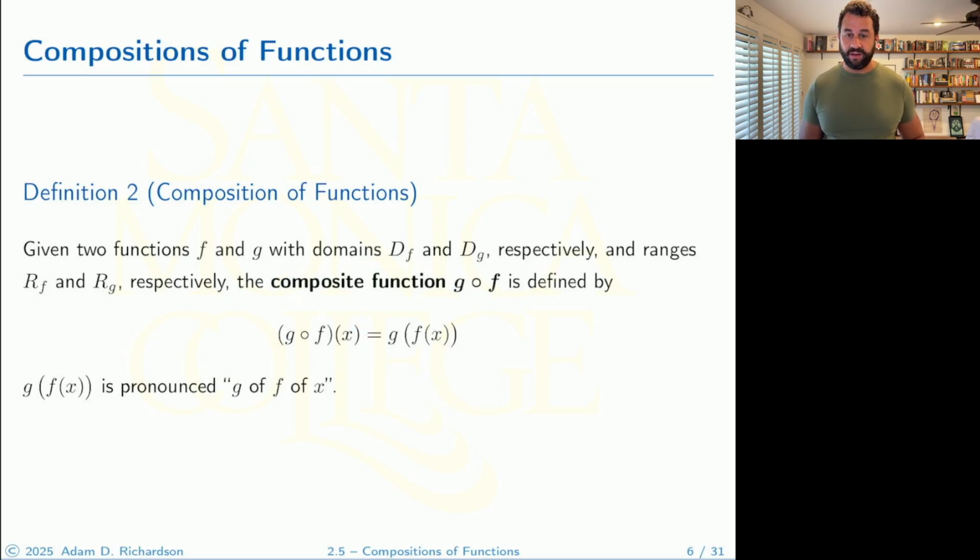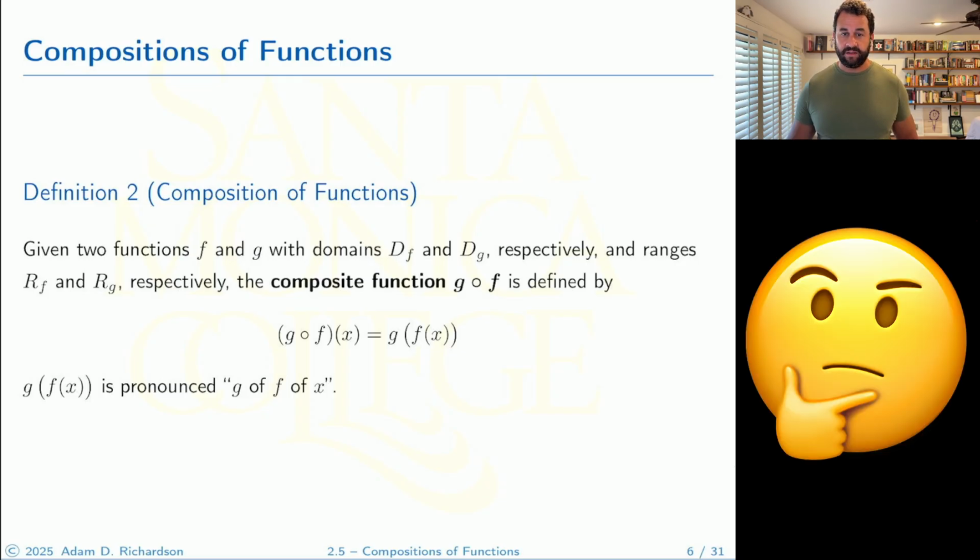So g of f of x means g of f of x, and we pronounce this symbol g of f of x. Very literally, we are taking the output f of x and we are putting it as an input of g. All right? So this is one where I want you to stare at these slides for a second. Mull this over in your head.